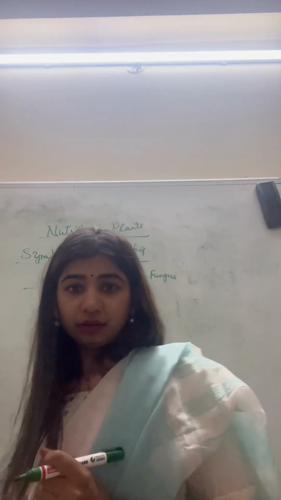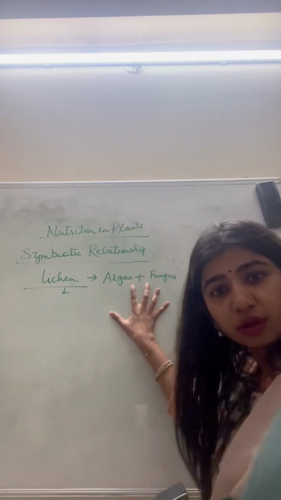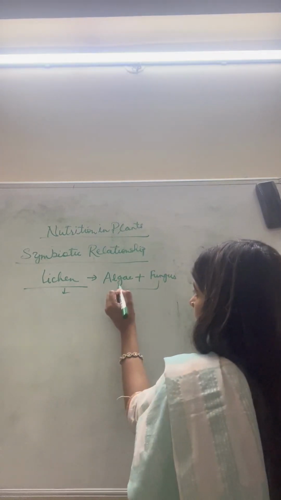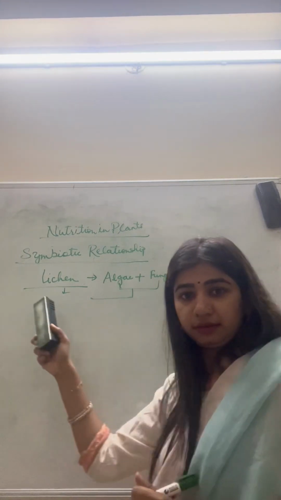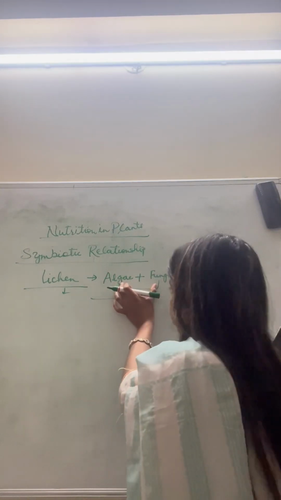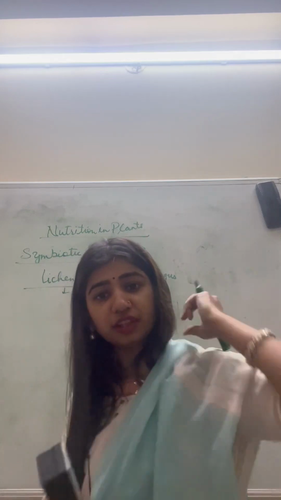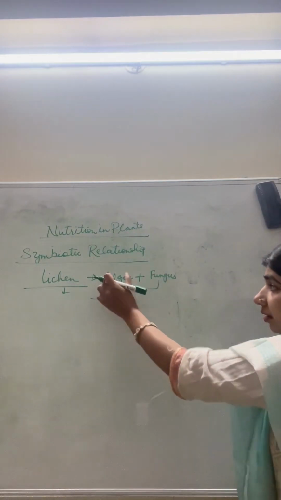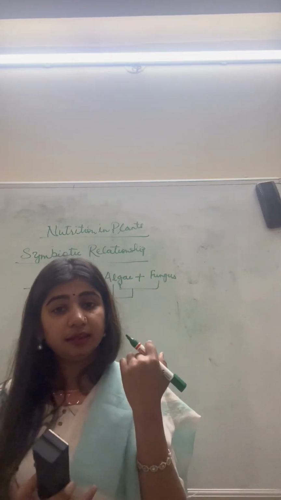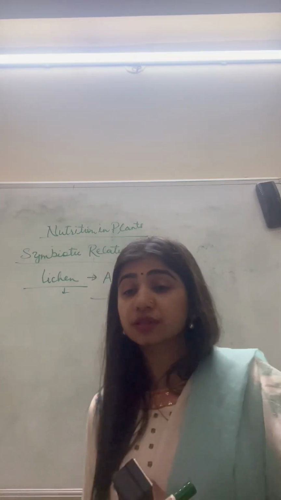So in lichen, there is a symbiotic relationship between two organisms. How do both of them live in a symbiotic relationship with each other? As we have studied, algae is an autotroph. Algae prepares its own food because it is able to do photosynthesis.